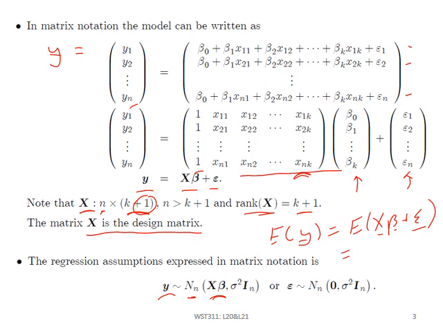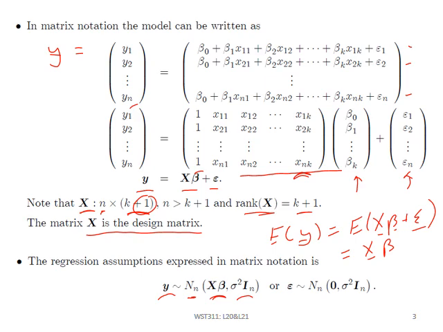And that equals just x beta because we assume that x is given, and the expected value of epsilon equals 0. Also, as from the previous slide, we saw that the variance should be sigma squared times the identity matrix of order n.